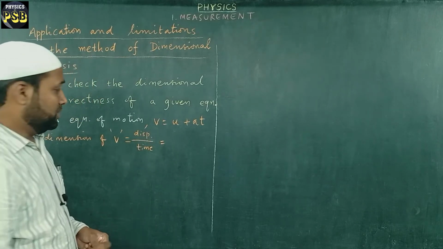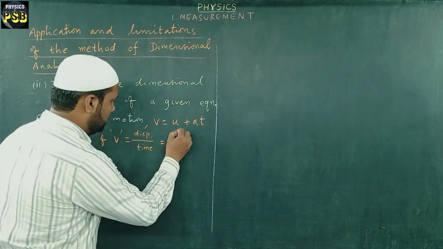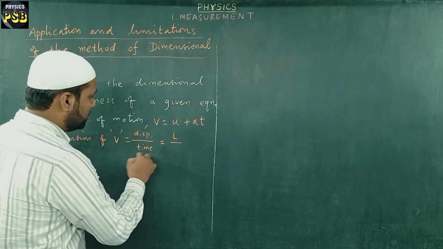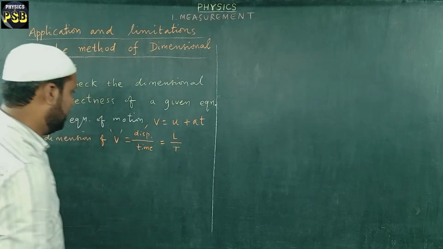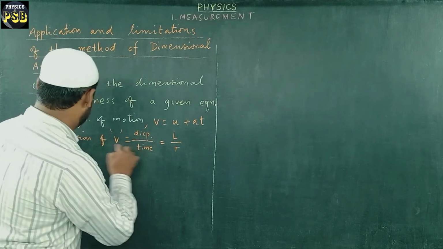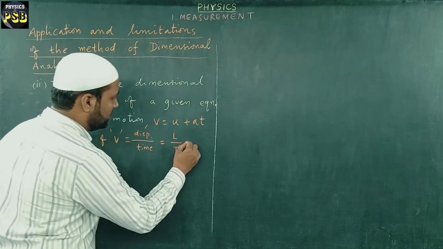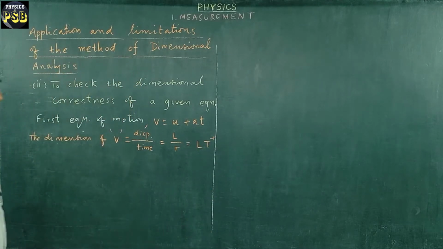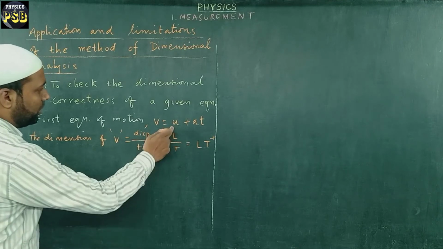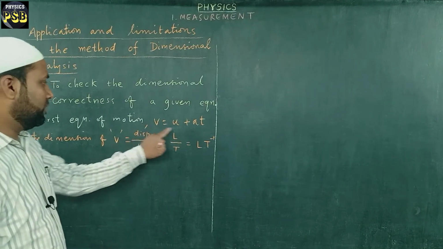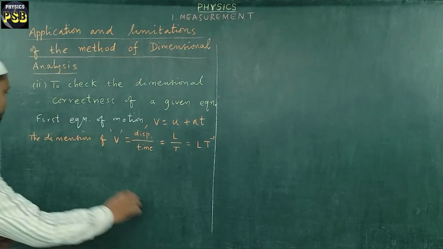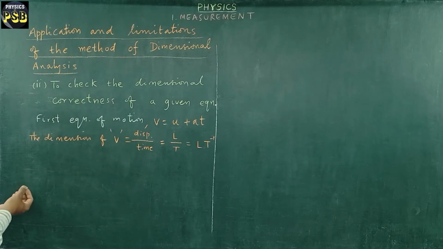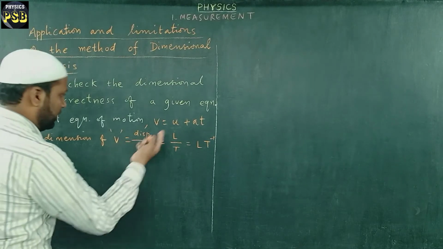The dimension of a displacement is L. The dimension of time is T. So the dimension of V is LT power minus 1. Then the same thing holds good for U as well, because both of them stand for velocity. I can write V and U.